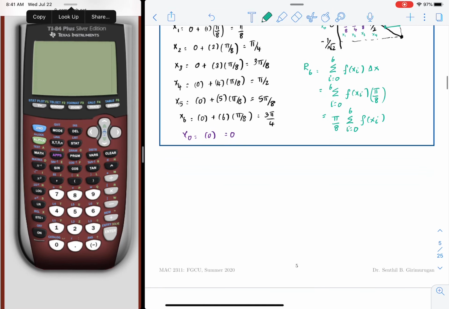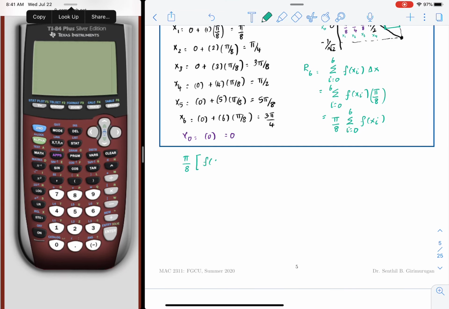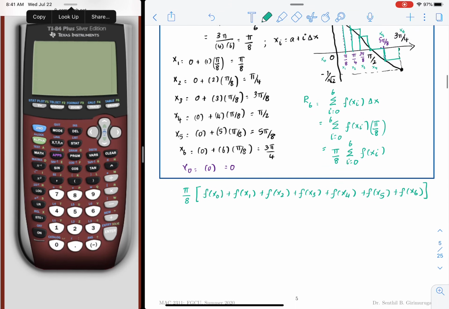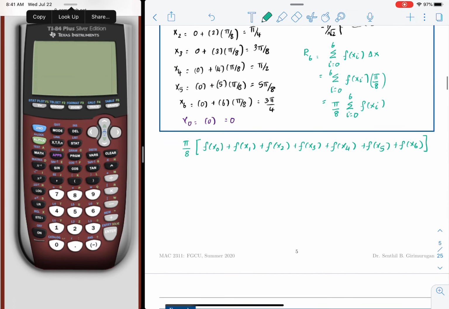So our objective now is to evaluate pi over 8 times the sum. I starts at 0, so f of x0 plus f of x1, because i is 1, f of x2, f of x3, f of x4, f of x5, and f of x6. So the first term we have to evaluate.